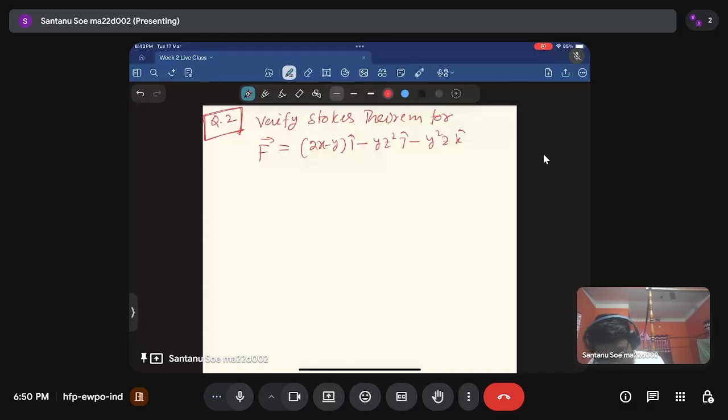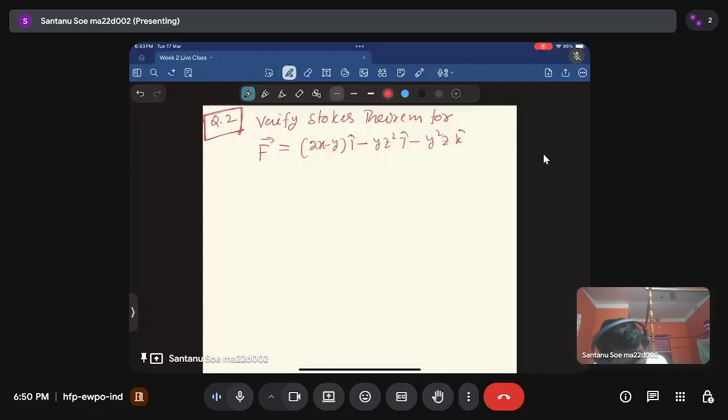For that reason, first we're going to calculate the curl of F. This will be the determinant with i j k cap, del del x, del del y, del del z, and 2x minus y, minus yz square, and minus y square z.